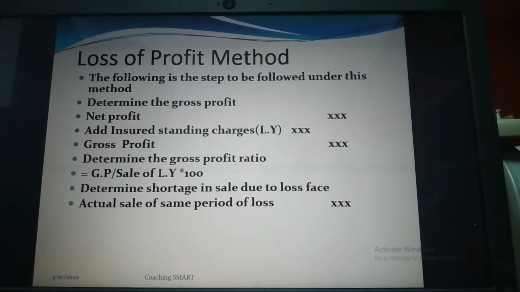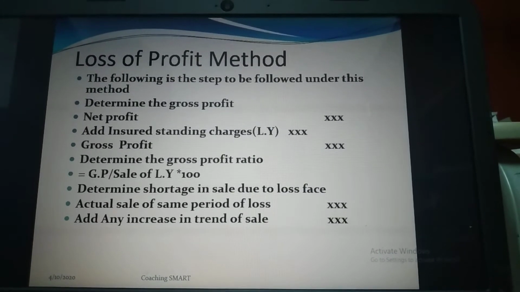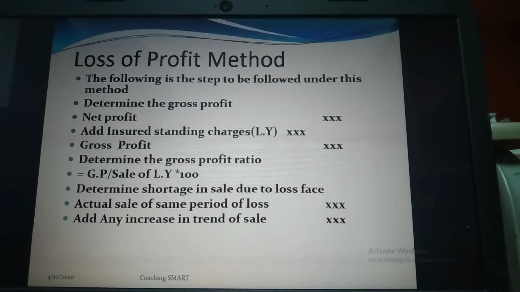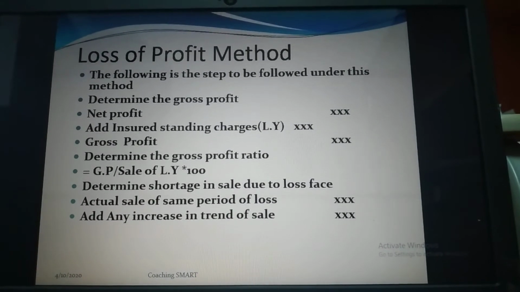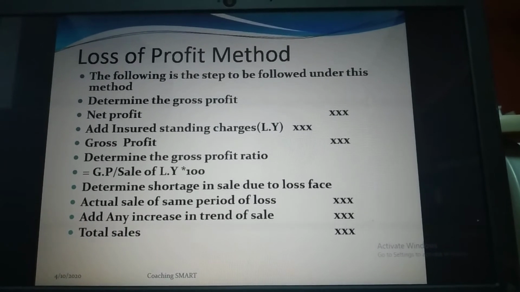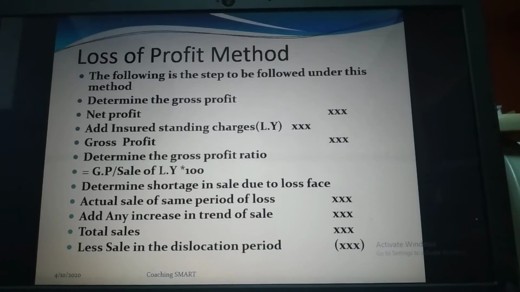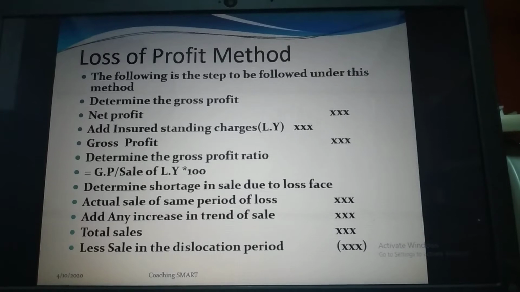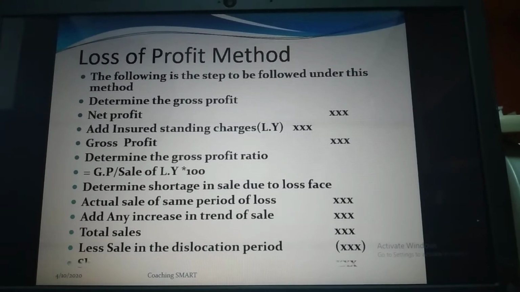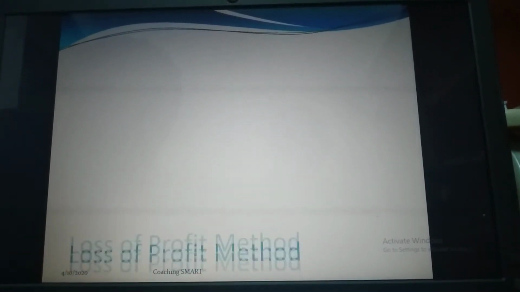Actual sales of the same period, you add any increase in trend of sales. Normally you will be given if it is 20%, 30%, and then you get the total sales less sales in the dislocation period. Dislocation period is the period in which the losses or the sales occurred. So you get a shortage of sales.